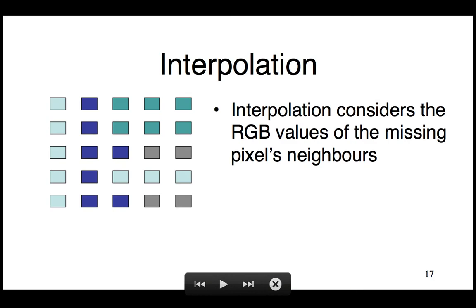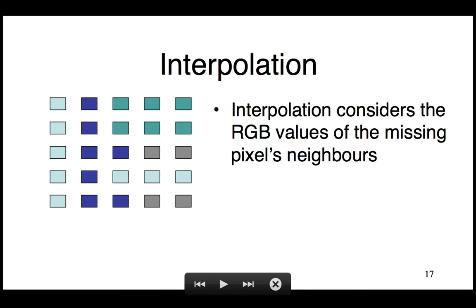Interpolation works by considering the values of the missing pixels' neighbors. So we have lots of blank spaces here. What might we expect those pixels to look like?